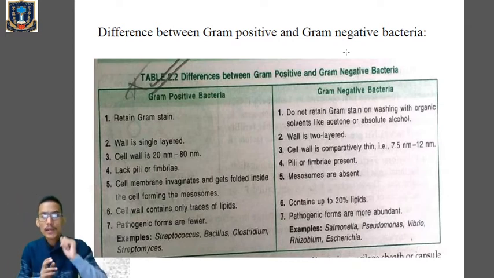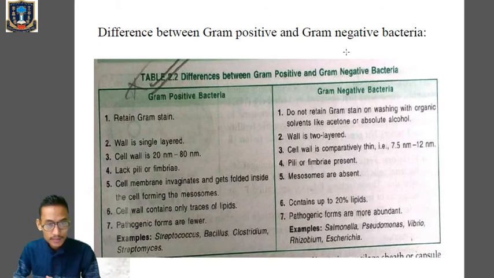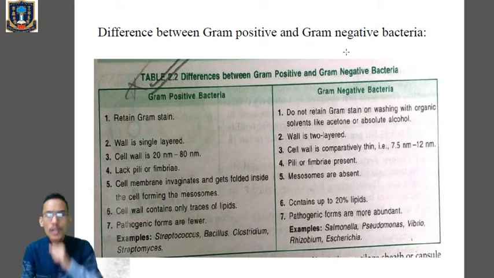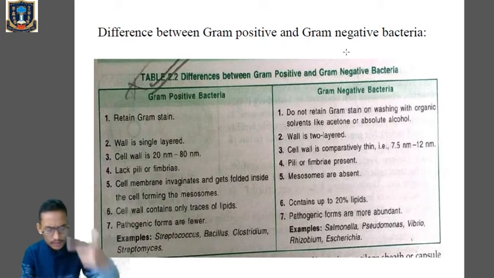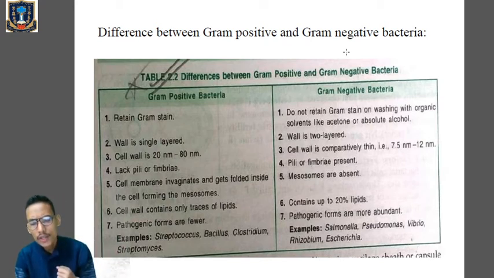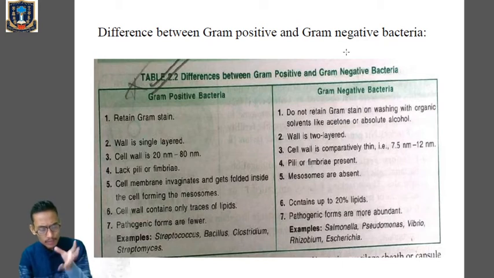Now, point number 2: the gram-positive cell wall is a single layer composed of peptidoglycan. Gram-negative bacteria are composed of two layers. The first layer is peptidoglycan and the second layer is lipopolysaccharides. Clear? Due to the presence of the second layer, lipopolysaccharides, gram-negative bacteria are not able to retain the gram stain.